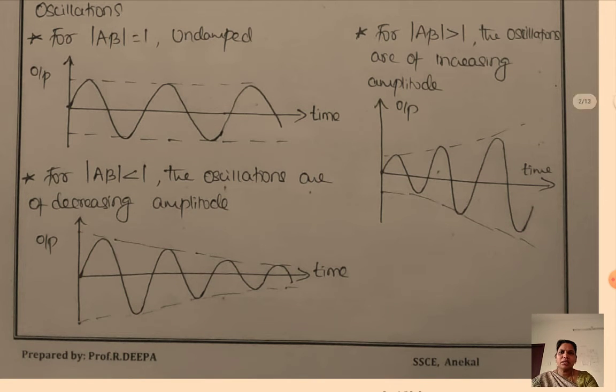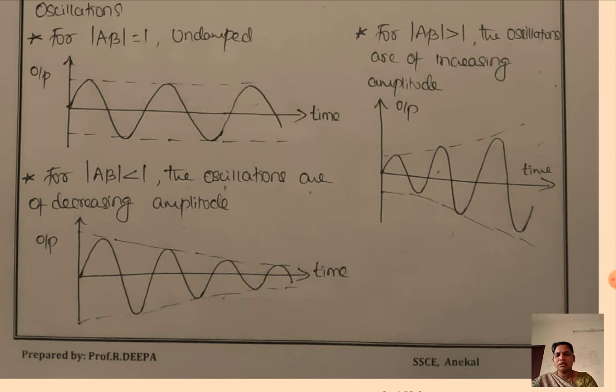If A beta is equal to 1, you will get a perfect waveform without any noise or other disturbances, and it is called undamped oscillations. If modulus of A beta is greater than 1, then the oscillations will keep on increasing, that is, the amplitude will keep increasing as time increases.